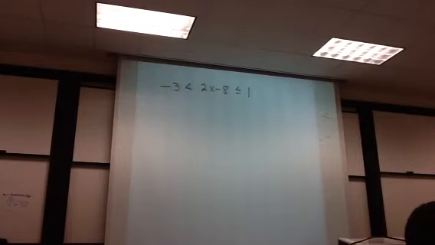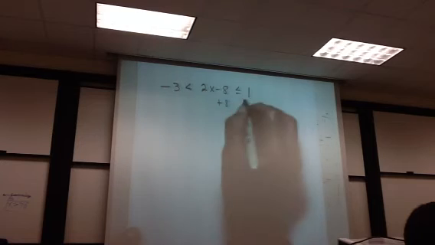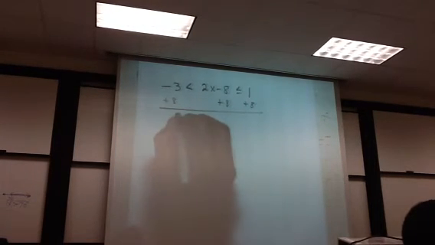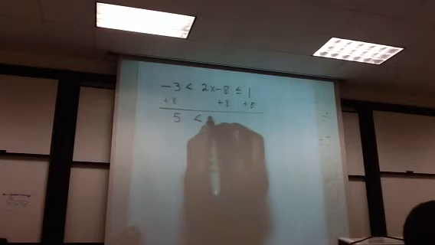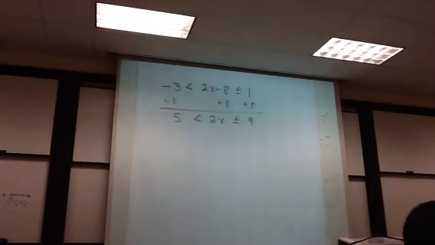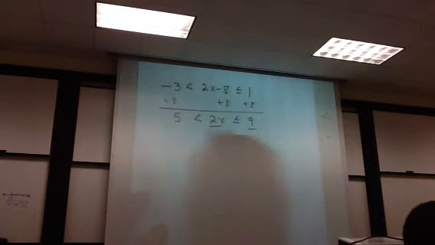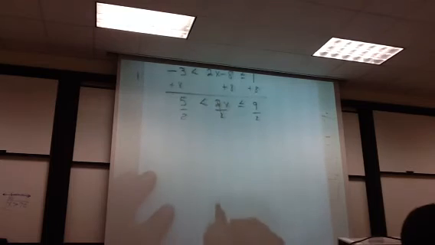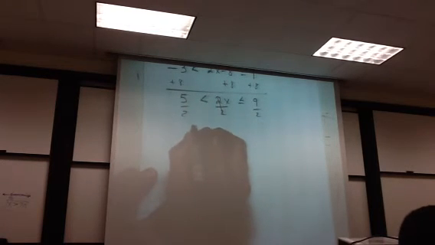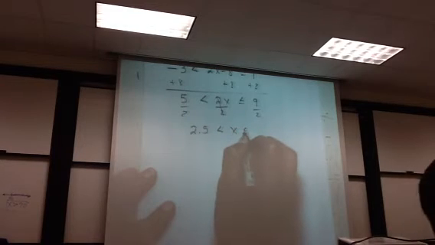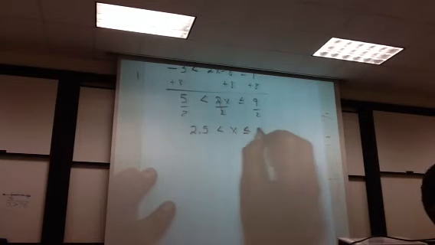Add 8. Add 8. Now you get x by itself. Let's get rid of that 8. And about 2. We're good. And here's some more fractions that you hoped for. We can call that 2.5. Less than or equal to, that's a 4.5.